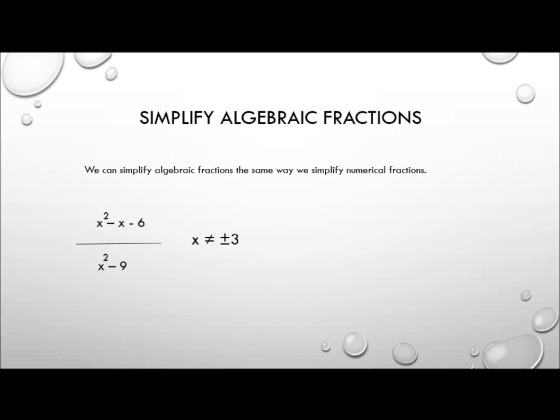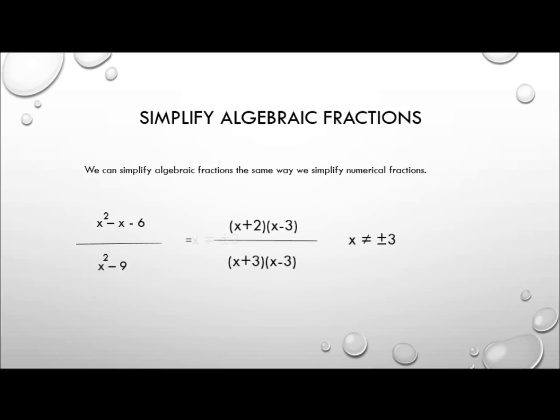When we simplify algebraic fractions, we do exactly the same thing. Our first job, of course, is to make sure that the denominator is not going to be 0, so we need to stipulate that the x value is not going to be something that will make the denominator 0.